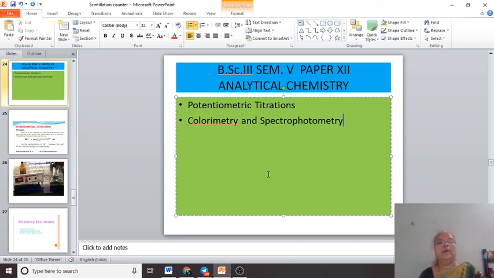To avoid all these difficulties, we can use another electrochemical technique, and the name of that technique is potentiometric titration.